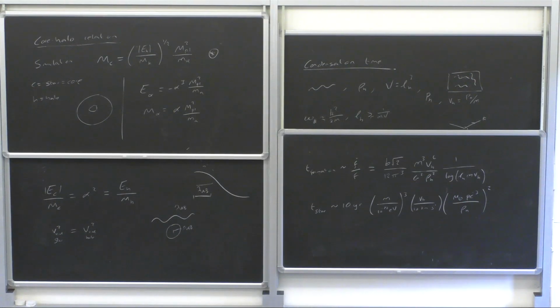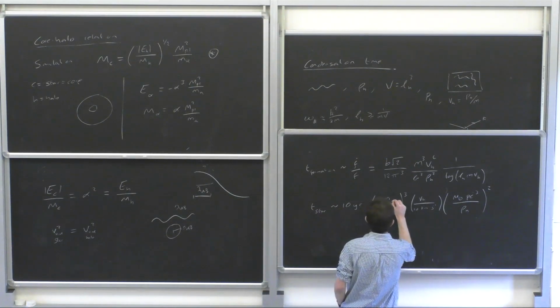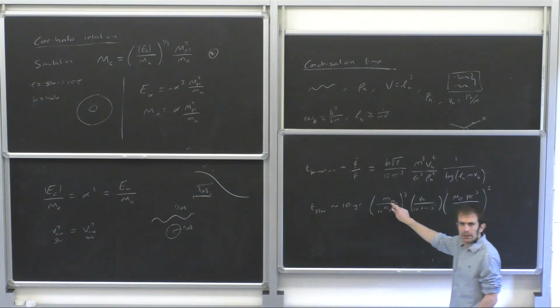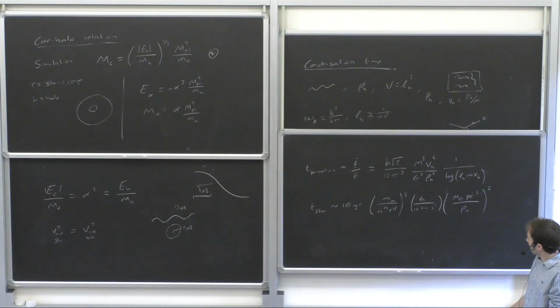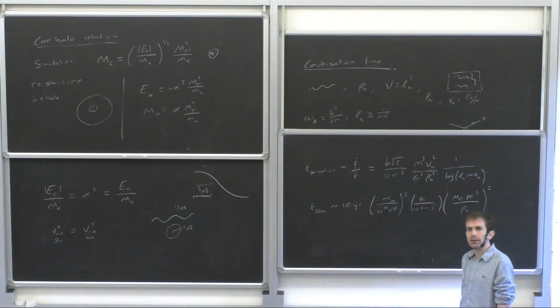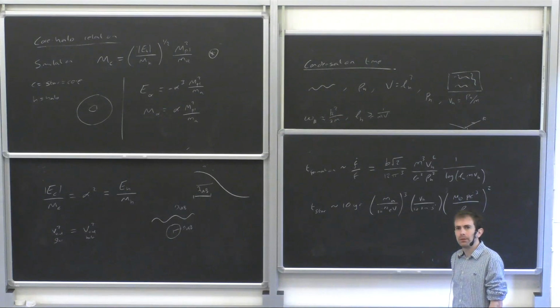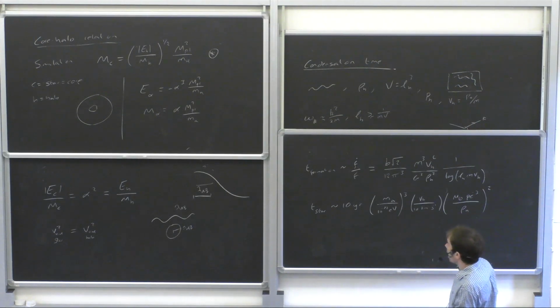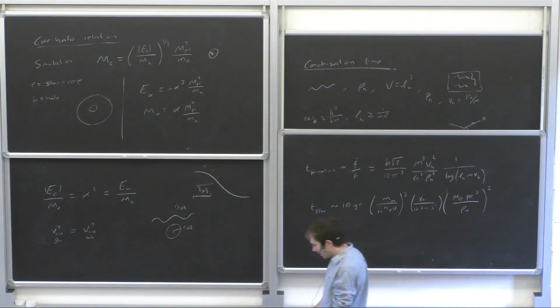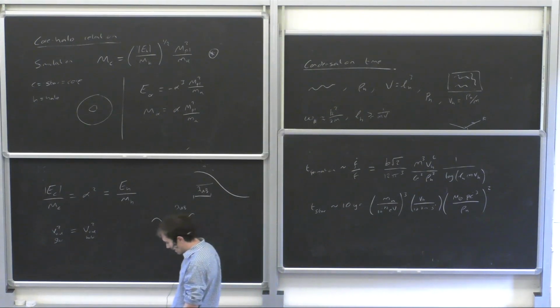So, okay, I guess there's two things here. This formation time is actually depending on the axion mass, and on the mass of the star. Yes, indeed, the formation process is complicated.